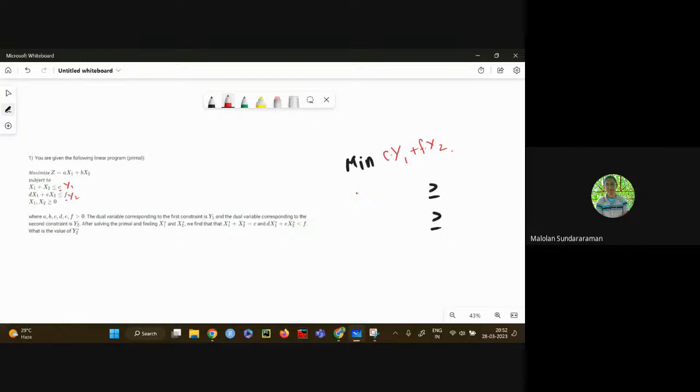So I will take this coefficient 1 into y1 plus d into y2 must be greater than or equal to this variable, which is a. Similarly, 1 into y1 plus e into y2 must be greater than or equal to this variable, which is b.